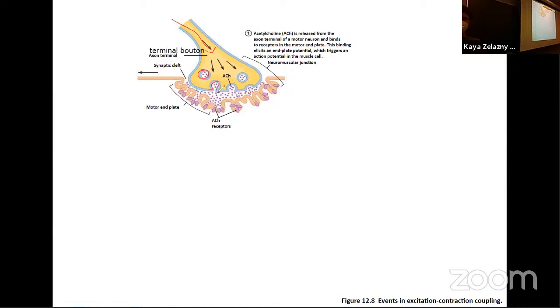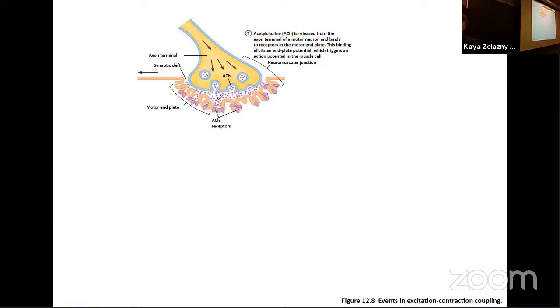And the neurotransmitter released by the somatic nervous system is always acetylcholine. So acetylcholine is the neurotransmitter for a somatic nerve, and it's what we expect to see in the neuromuscular junction when we're doing these voluntary skeletal muscle contractions.